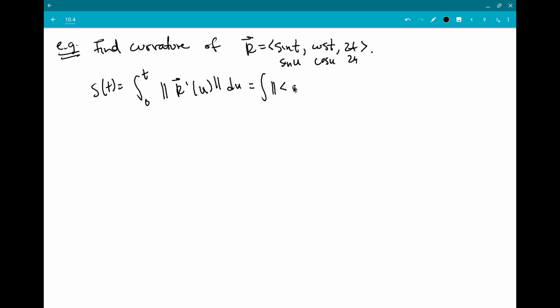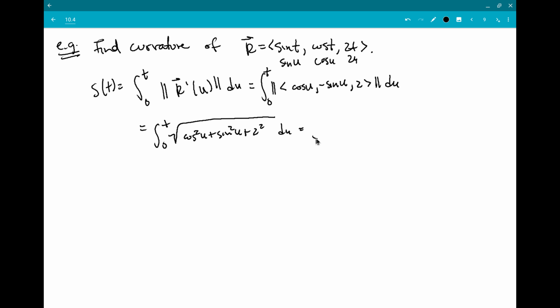The derivative of sine gives me cosine u, the derivative of cosine gives me minus sine u, and the derivative of 2u just gives me 2. Integrating from 0 to t using my magnitude formula, it's the square root of all those components squared: cosine squared u plus sine squared u plus 2 squared.